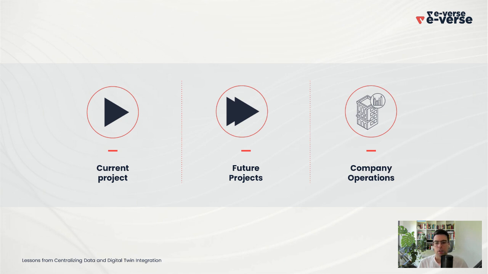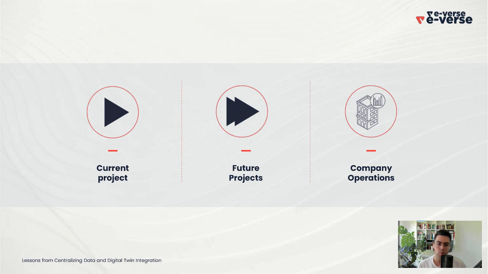So we divided this into three: current project, future projects, and company operations. We wanted to improve these three things. For the current project, analyze and get data and get benefits from it. For future projects, I want to get historical data and get improvements.